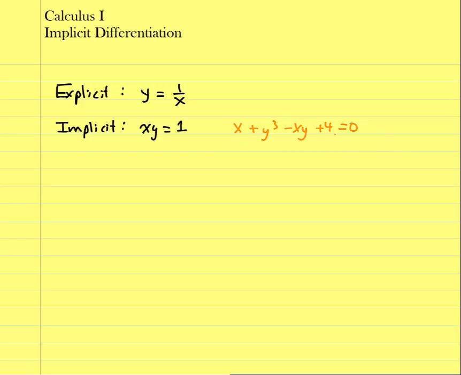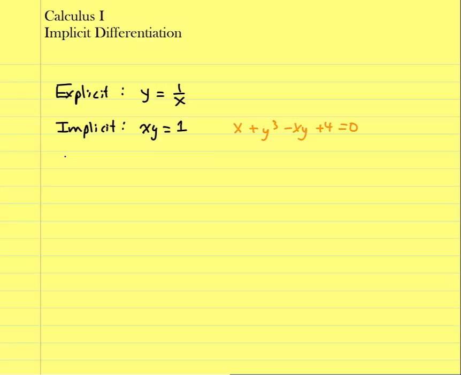So this is implicit form. I cannot solve and get it in an explicit form. So what we like to talk about with implicit differentiation is an equation of this type that we have here in orange. How do I take the derivative of that? How do I find the slope of the tangent line of that when I can't get y equal stuff, if you want to think about it like that?